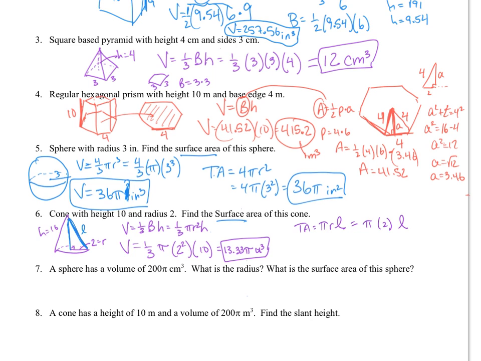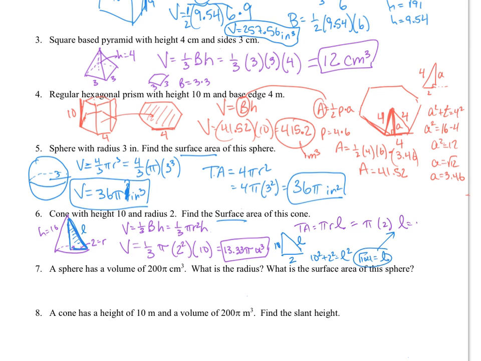We know this height is 10, we know that's 2, so we have this triangle inside. We cut that triangle out, and we end up with 2 here, 10 there, and L as my slant height. So 10 squared plus 2 squared is going to be L squared. So 104, the square root of that is what L is going to be, and we can put that in there.